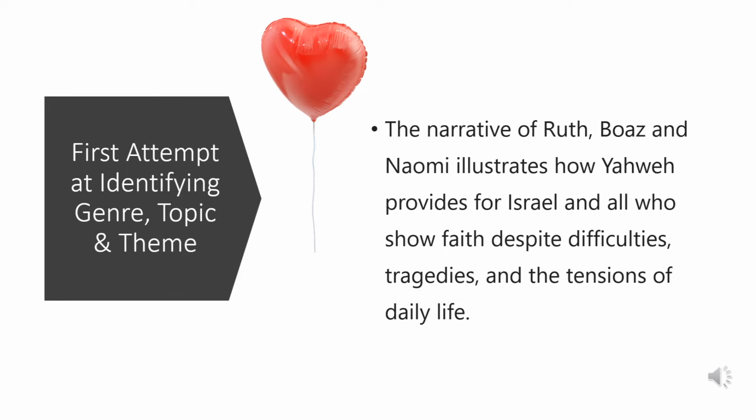And so it's a narrative. There are some conversations. So it's the narrative of Ruth, Boaz, and Naomi. It illustrates how Yahweh provides for Israel and all who show faith despite difficulties, tragedies, and the tensions of daily life. That's how I would summarize.